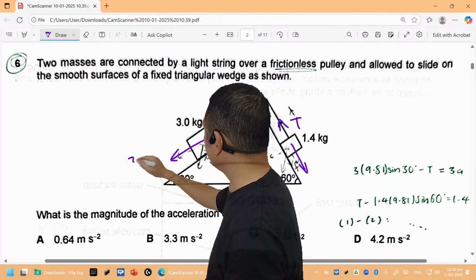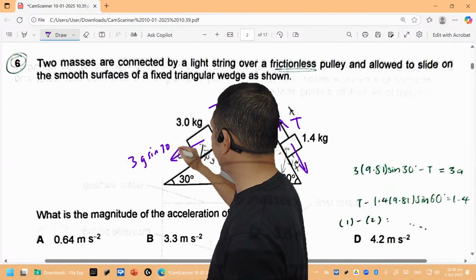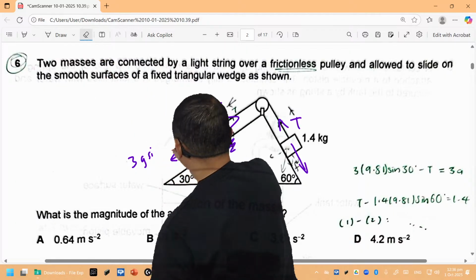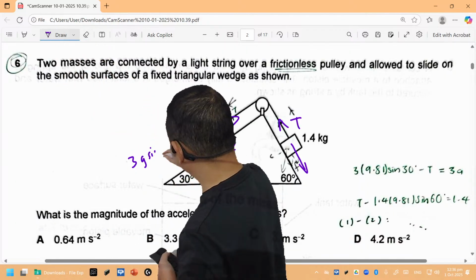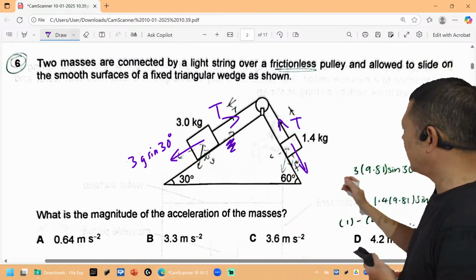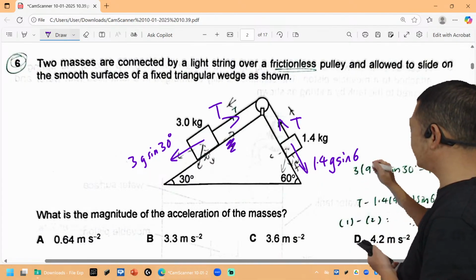So 3g sine 30 degrees, and this one is 1.4 g sine 60 degrees.